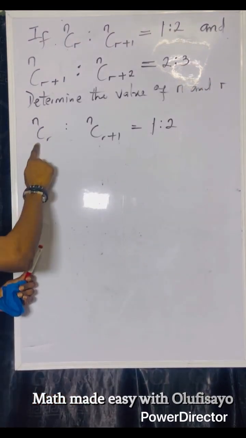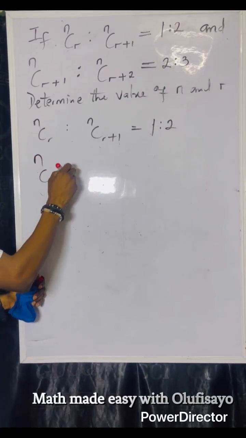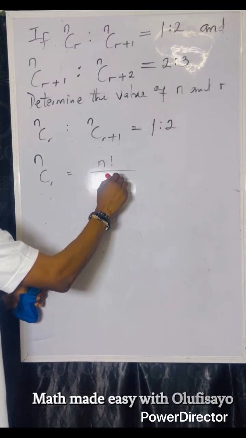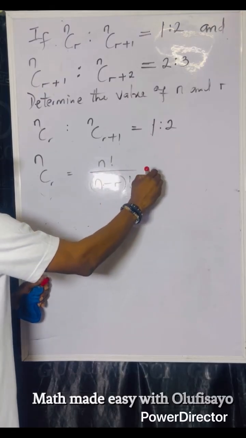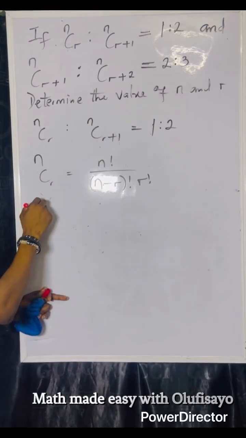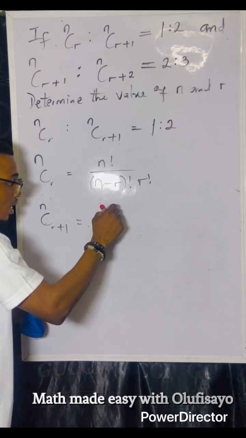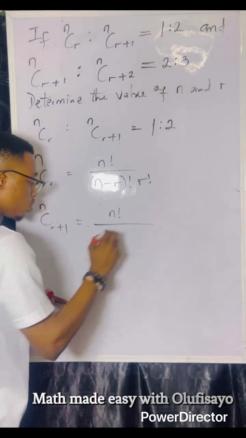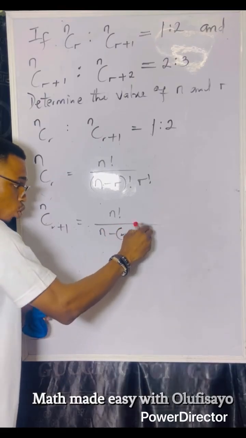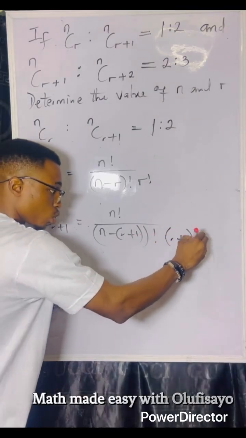From the formula of combination, nCr equals n factorial over n minus r factorial times r factorial. Now, nC(r+1) equals n factorial over n minus (r+1) factorial times (r+1) factorial.